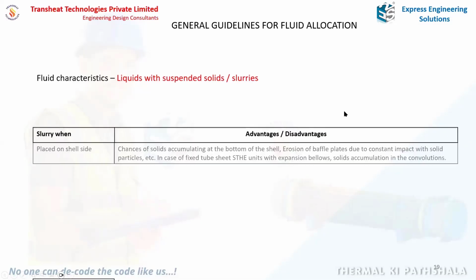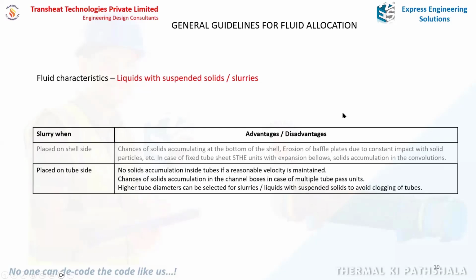Now, if we have this on the tube side, you have various ways in which you can control it. There's no accumulation inside the tubes if you maintain a reasonably good velocity of the fluid. Then chances of solid accumulation are there in the channel boxes, but it's much easier to clean.